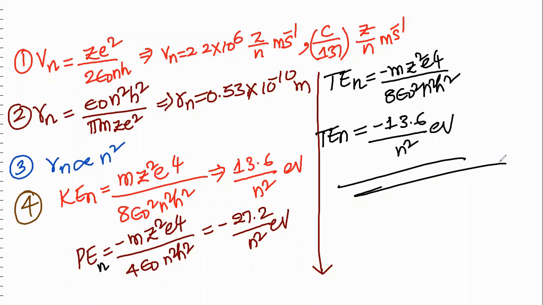This is the total energy of the electron in the nth orbit.